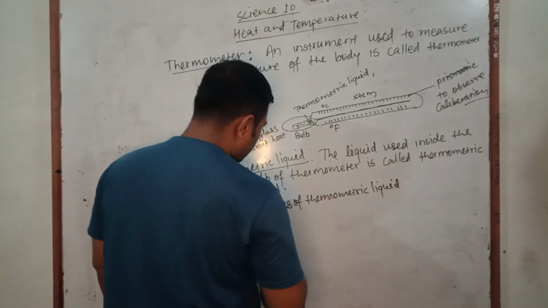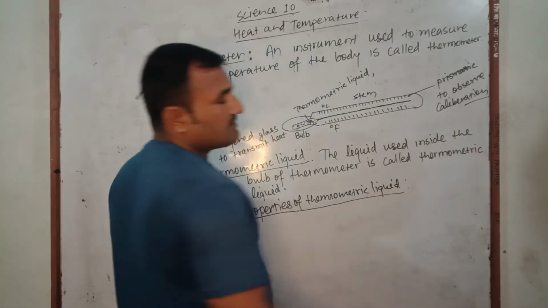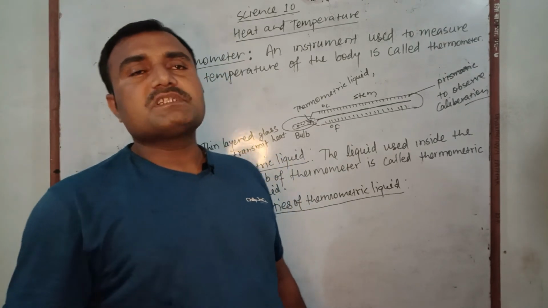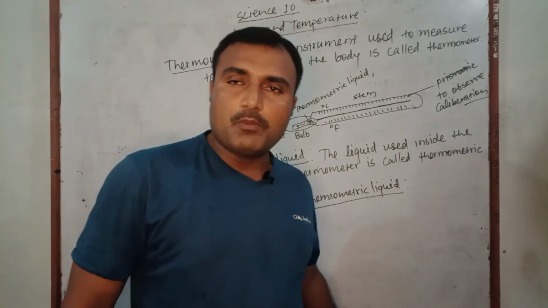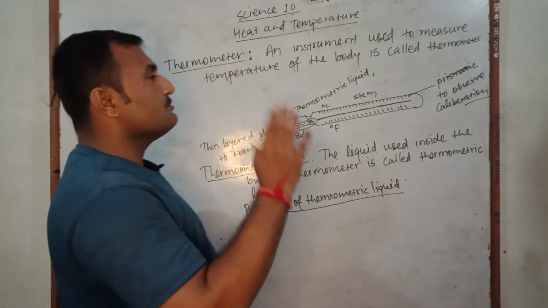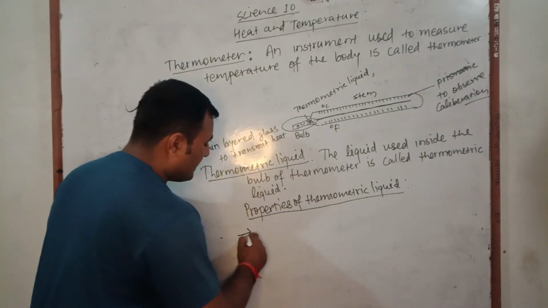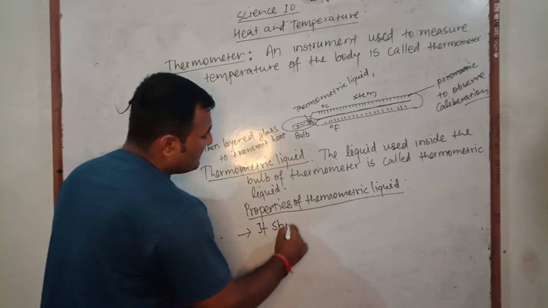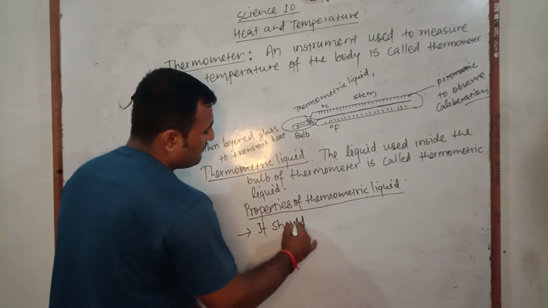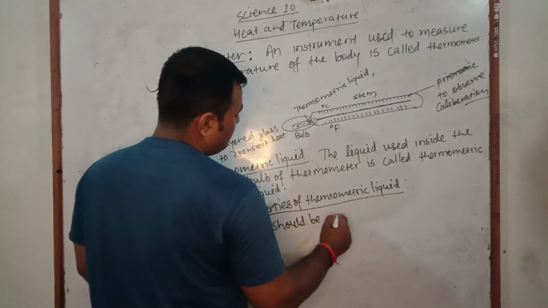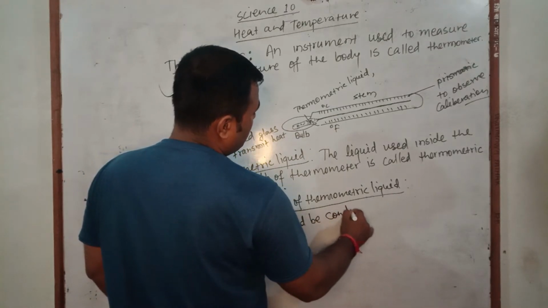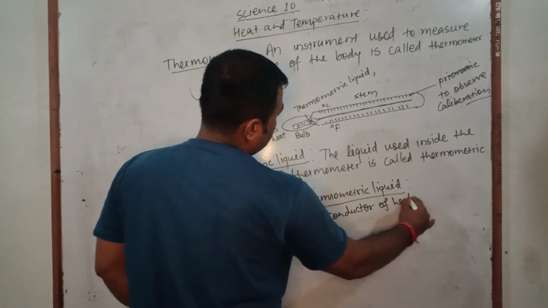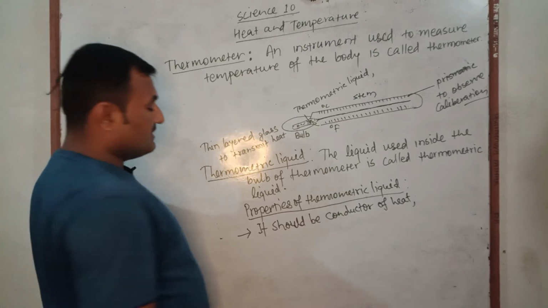Listen. All liquids can't be used as a thermometric liquid, because only a liquid substance which possesses these properties can be used. It should be a conductor of heat. Listen, it should conduct heat.